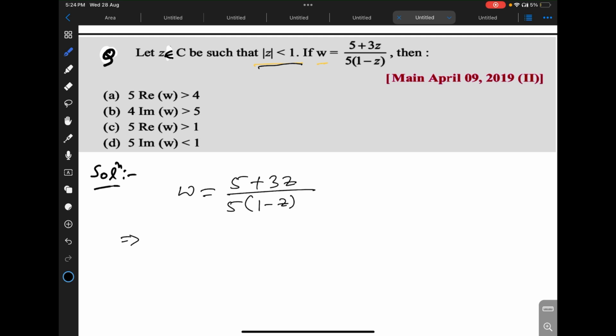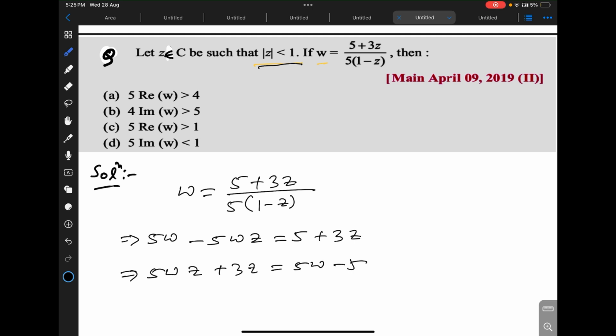just using cross multiplication, 5 omega (1 - z) = 5 + 3z. Now from here, 5 omega z + 3z is equal to 5 omega minus 5.